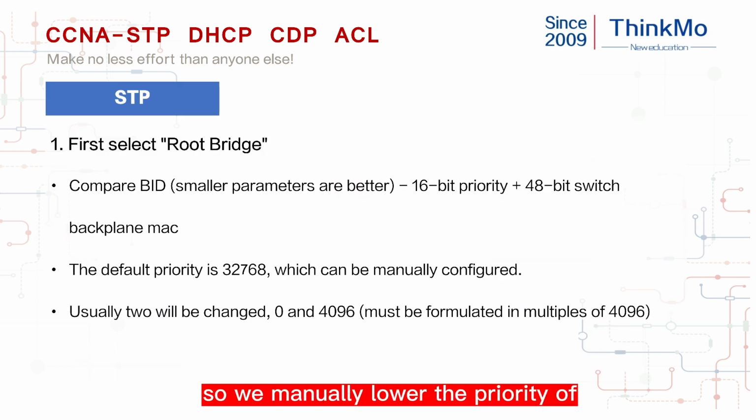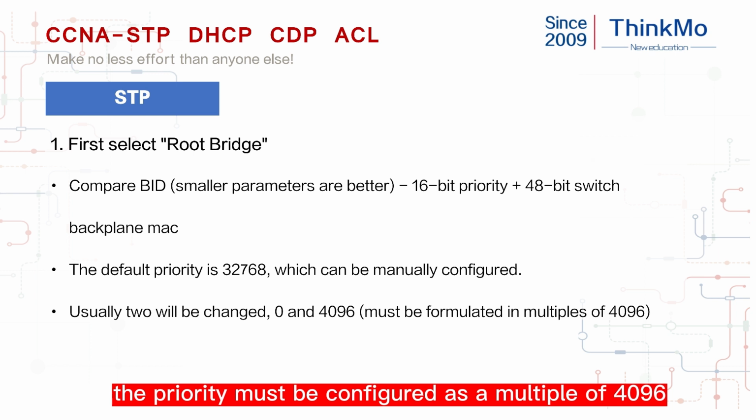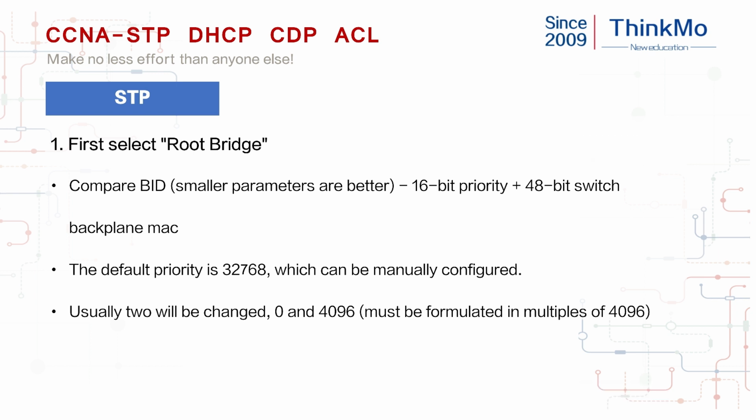So we manually lower the priority of the device you want to be the root. The root bridge can be specified as 0. In the whole environment, we usually set one to 0 and set another to 4096. You may find it strange, but the priority must be configured as a multiple of 4096.